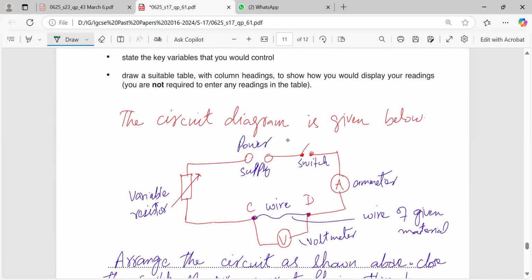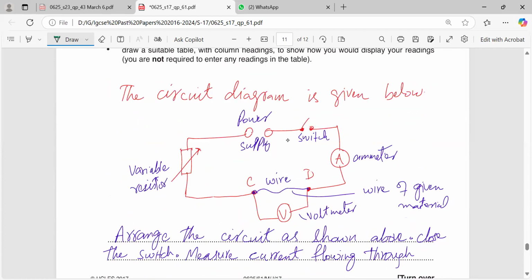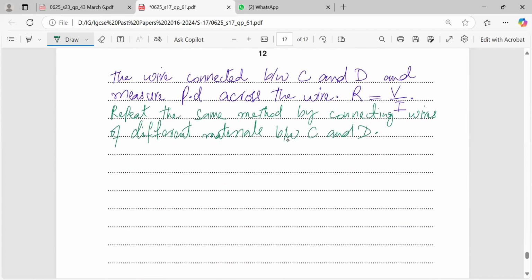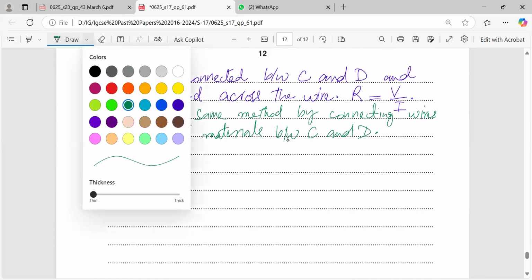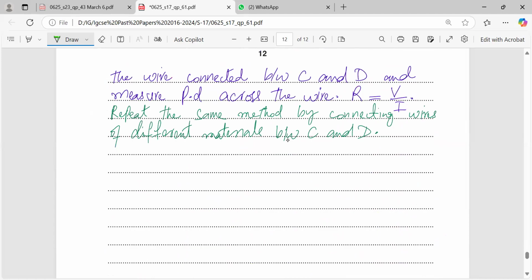Then state the key variables to control. There are two or three things you can control, but I will write length and diameter right now, because these are also the factors which can affect the resistance. Even the temperature, okay, two are enough.